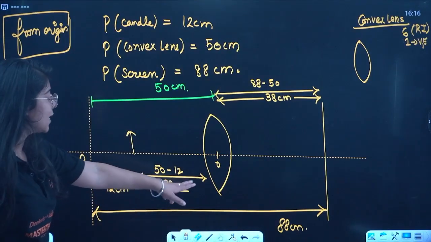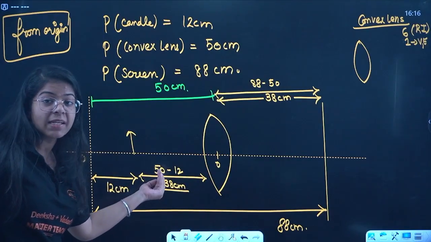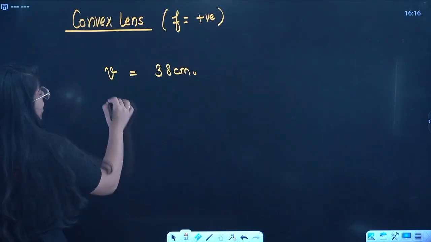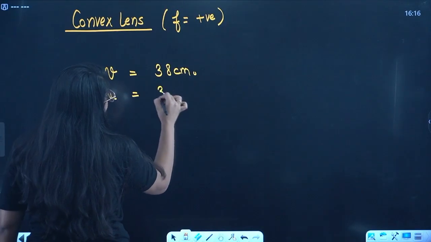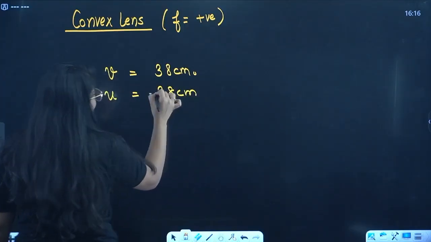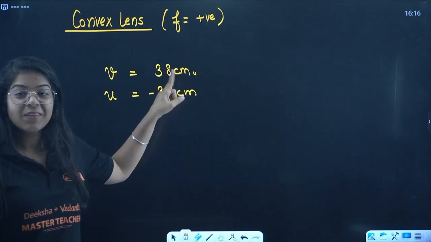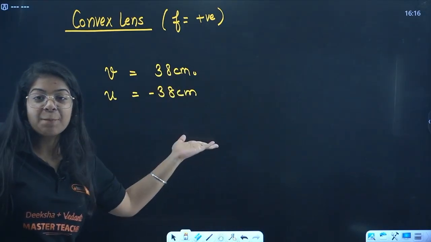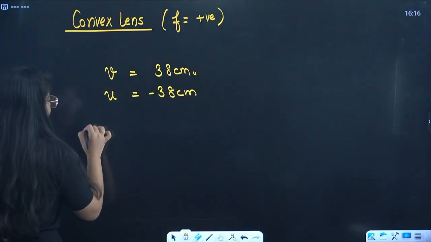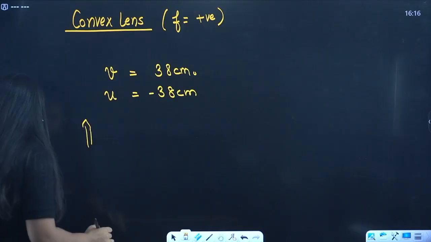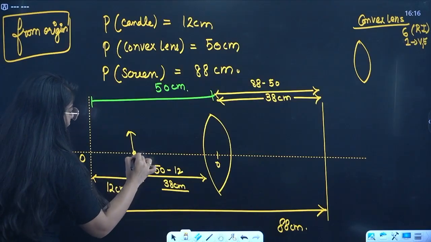So your U beta is 38 centimeter but is on the left hand side of the lens. So your U is 38 centimeter and is on the left side of the lens. That means negative sign, and you can clearly see these distances are same. That means your candle beta is placed at what?